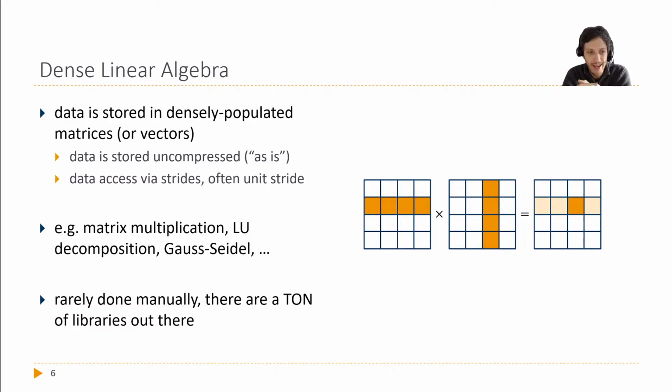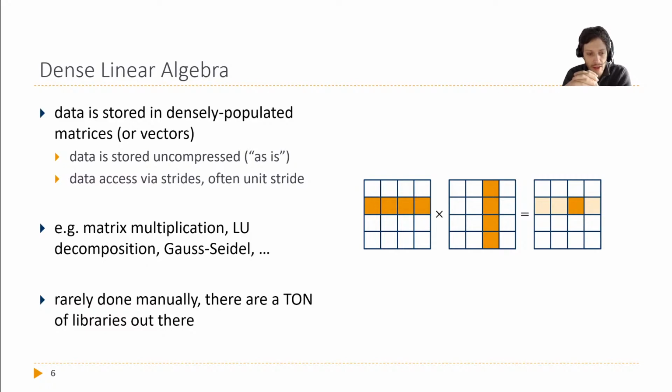But it's basically everything out there that deals with linear algebra. So not only matrix multiplication, but also LU decomposition, so trying to arrive at the triangular representation of a set of equations. Then Gauss-Seidel solvers, Jacobi solvers, and stuff like that. They all are in this corner of linear algebra.